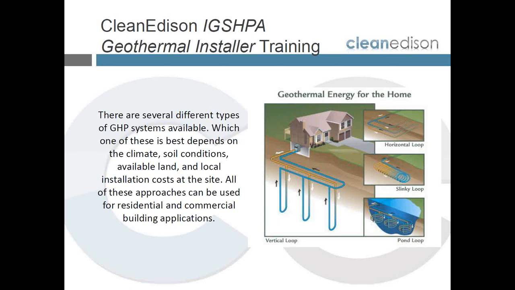Now to the right we see in this slide another diagram. This diagram shows a vertical loop near the house, and you see that the water is circulating down into vertical bores. These would typically be 300 to 400 foot deep boreholes drilled by conventional well drilling equipment, well drilling rigs, by well drillers.